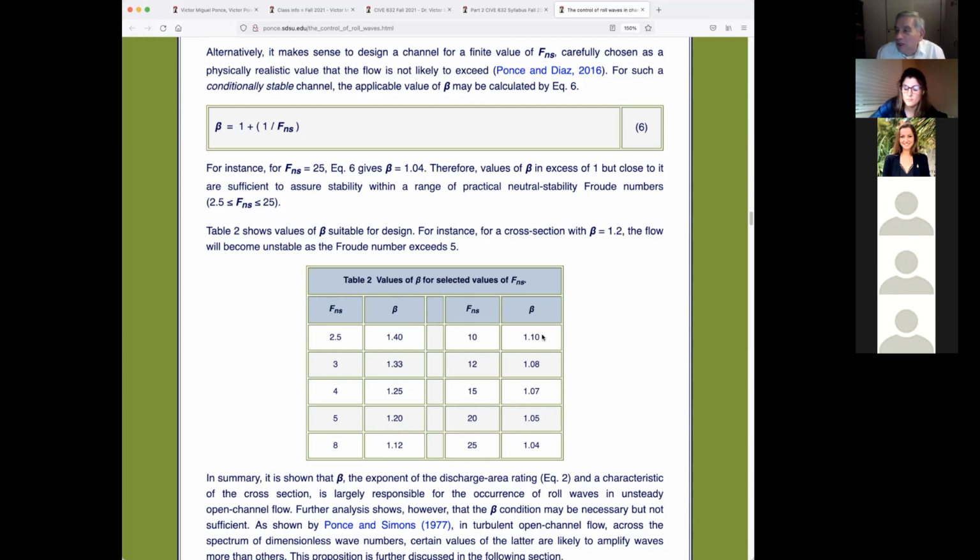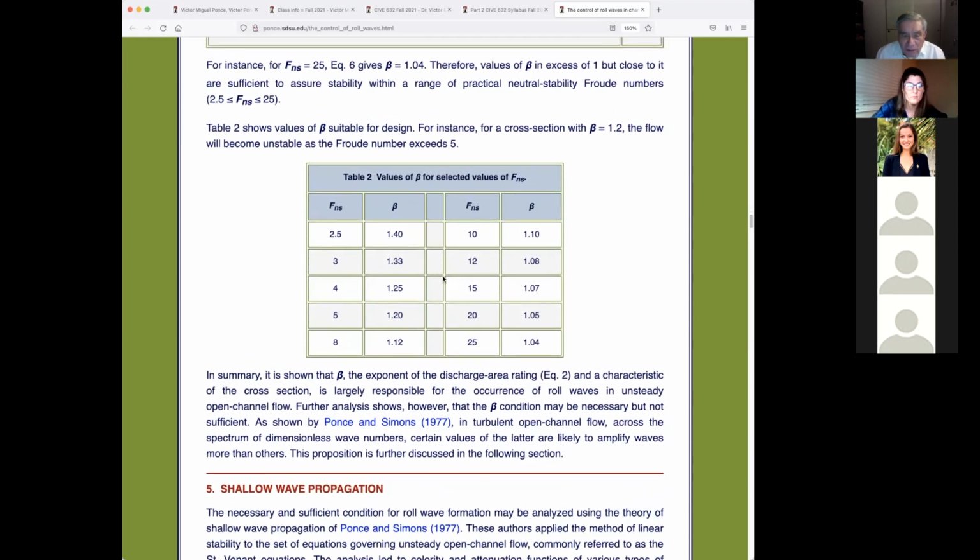10 is already high, in my opinion. I have not seen a flow greater than 10. Usually, if flows go high, they go 4, 5, 6, but they don't get to 10. So it's good. So all we need to do is a beta 1.1, and we would have done it for 10. Or if you want to go a little bit more risky, you can go to 5, which is 1.2. But definitely not 1.67, which is a rectangular channel.